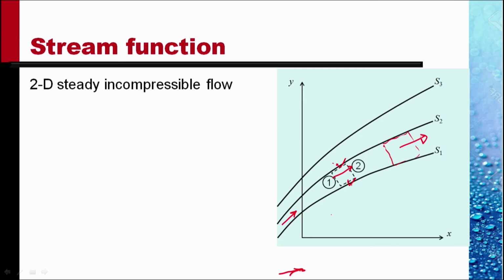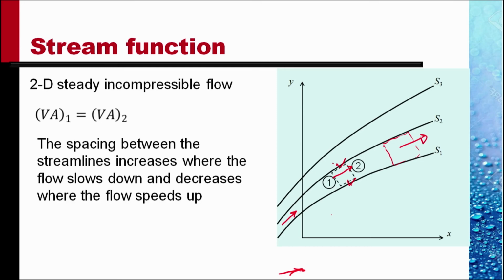Everywhere we have the same mass flow rate. V1A1 is equal to V2A2, the density being constant. So the spacing between the streamlines increases where the flow slows down and decreases where the flow speeds up. If area A1 is more than area A2, then V1 should be less than V2.